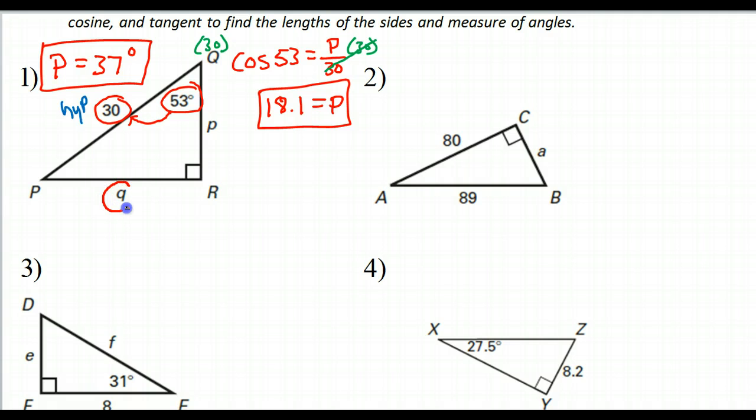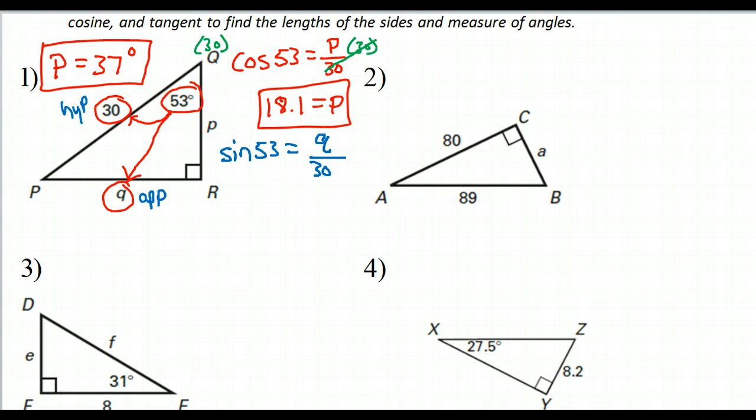And now I'm going to look at this Q. So I've still got the 30 with the hypotenuse, but now this Q is the opposite leg. So I've got opposite and hypotenuse. So that's going to be my sine function. So that's going to be sine 53 is equal to Q over 30.